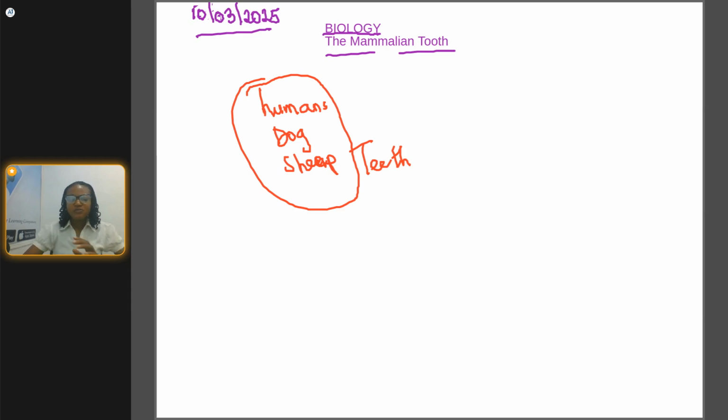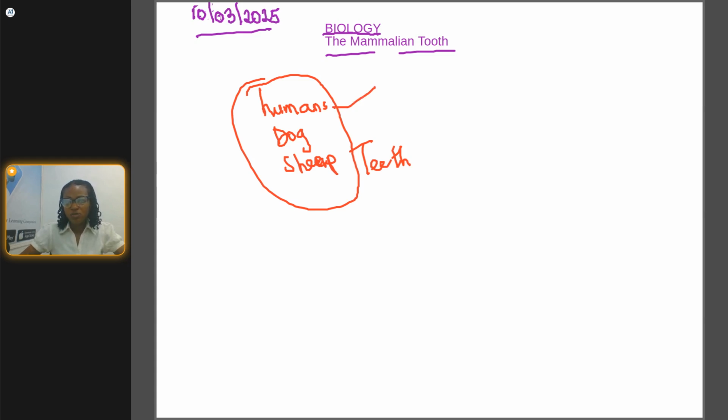Talking about the mammalian teeth, like I said earlier, this white set of things inside your mouth, they are your teeth. I'm going to be showing the diagram of the human's teeth. We are starting with human.